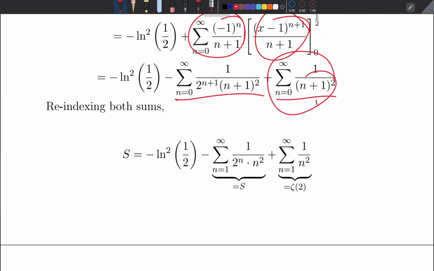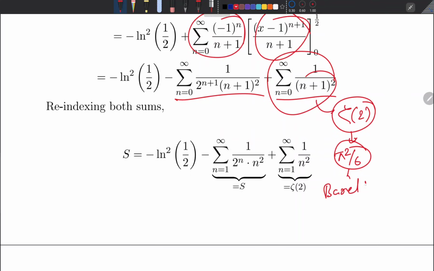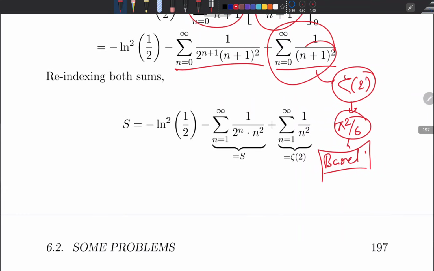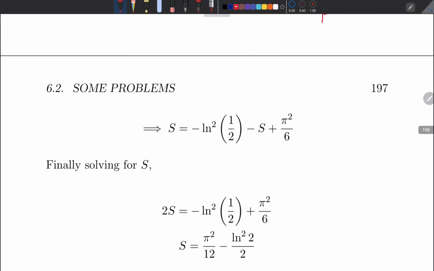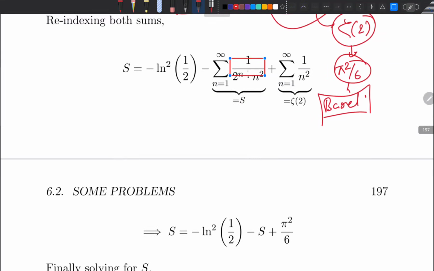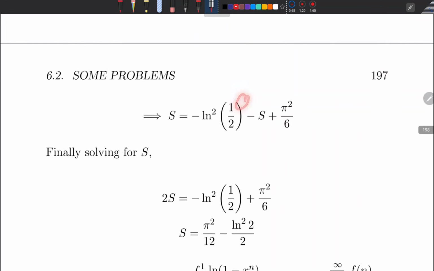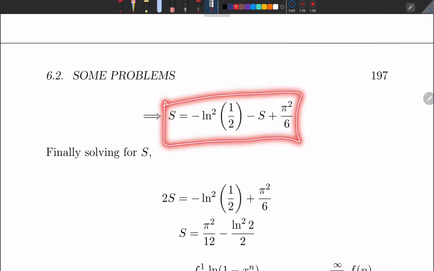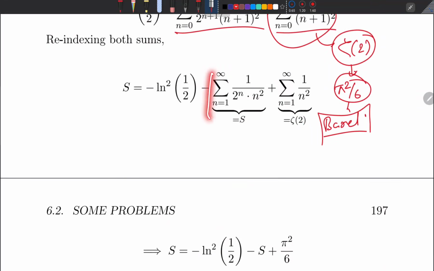And this part is surprisingly Riemann zeta of 2, which converges to pi squared over 6, and that is known as the Basel problem. I have proved that a couple of times, so you can consider watching that. Okay, and we have considered this sum as S, and so this is what we were here to prove.